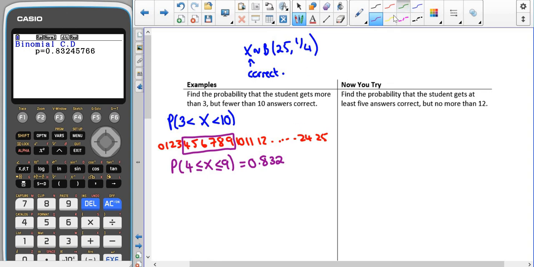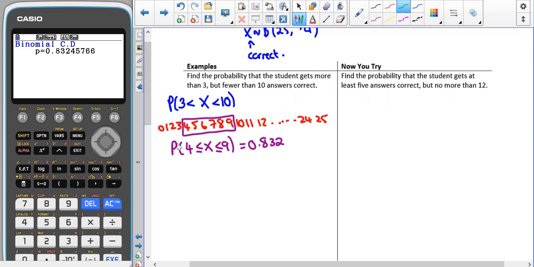Now I do quickly want to go back to how you would use the old calculator, just because it is a little bit different for those pupils. If you have the old calculator, because you can't put in lower and upper values, you can only work with this in terms of less than or equal to's, then we have to think about what we're looking at overall. So the biggest probability that we're looking at is going to be to do with this 9 here. So we end up doing the probability that x is less than or equal to 9.